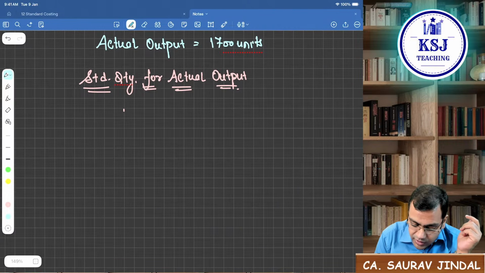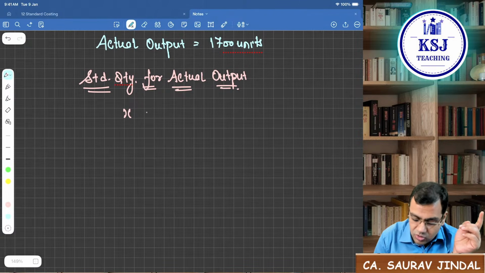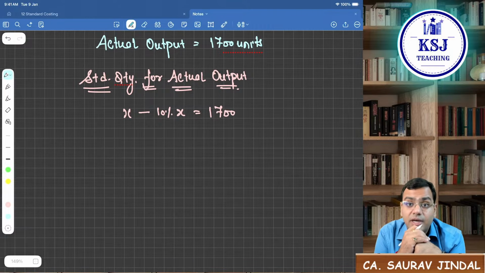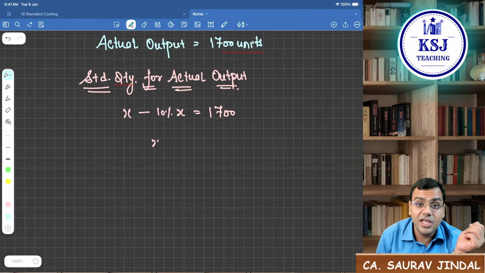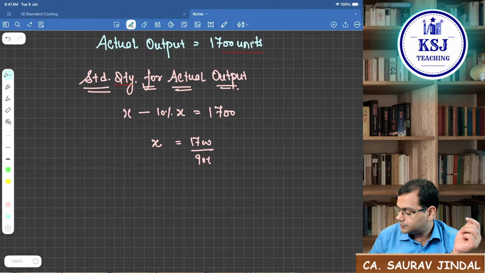If you input X, on that input you must have got a 10% loss. Then you have got 1700 units as the actual output. So what is the standard input for the actual output of 1700 units? That is 1700 divided by 90%.